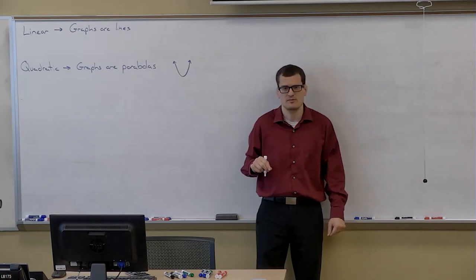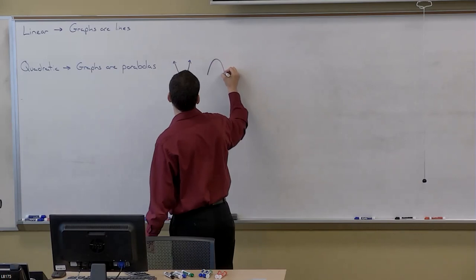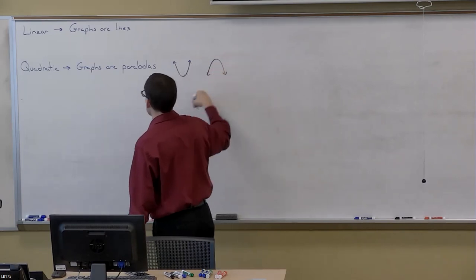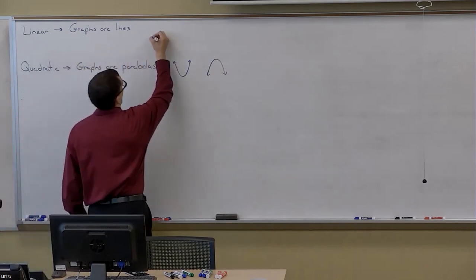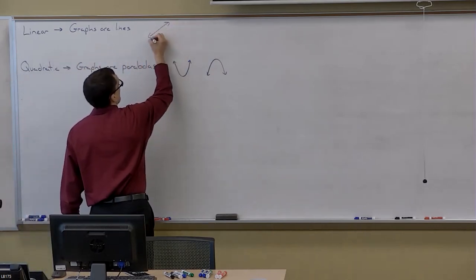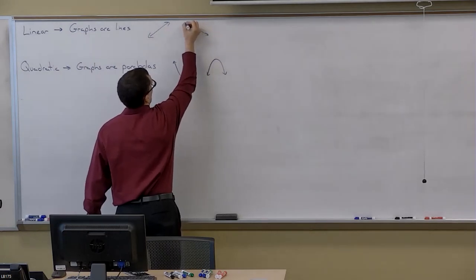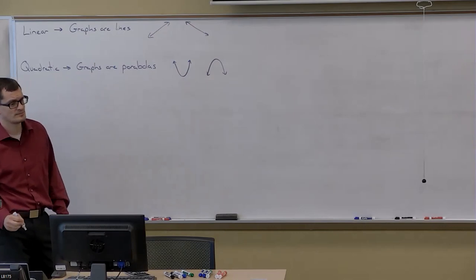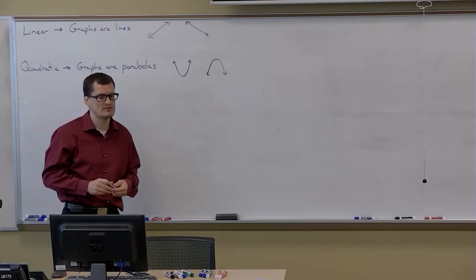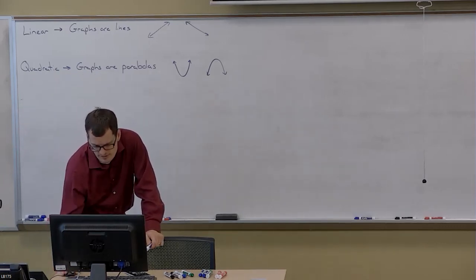Does that make sense? You could also have a parabola that's pointed down and that goes down forever too. So linear graphs are lines. They could be any type of line you wanted. That work? Graphs are parabolas for quadratic. Graphs are lines for linear.